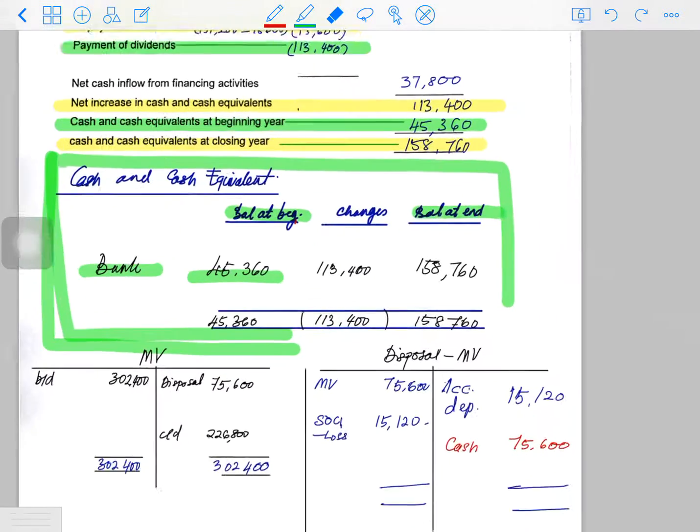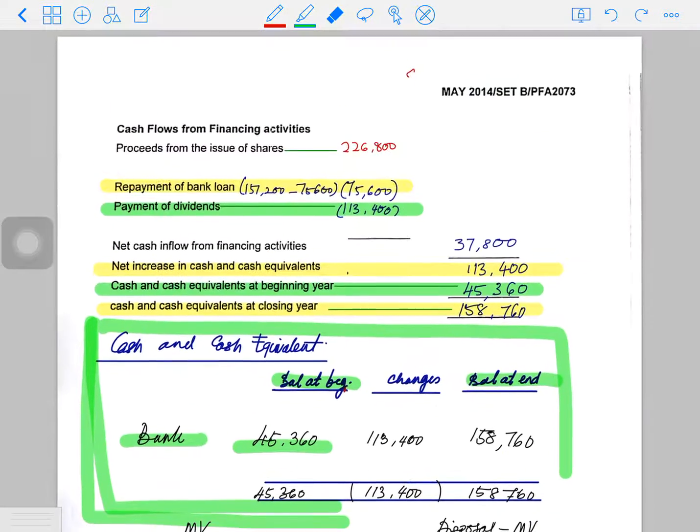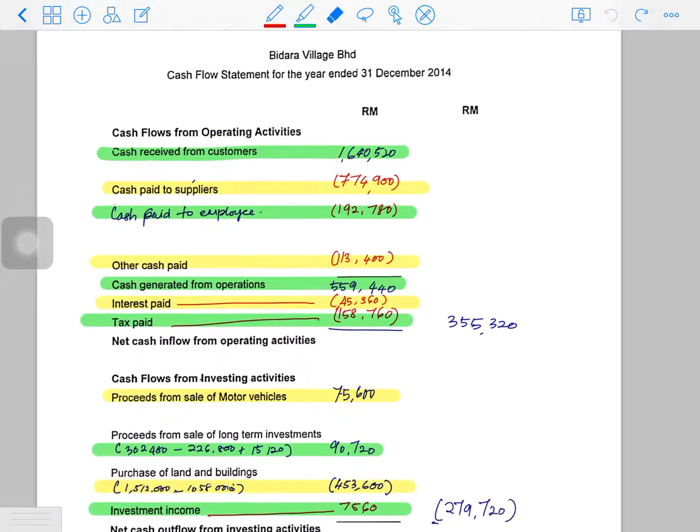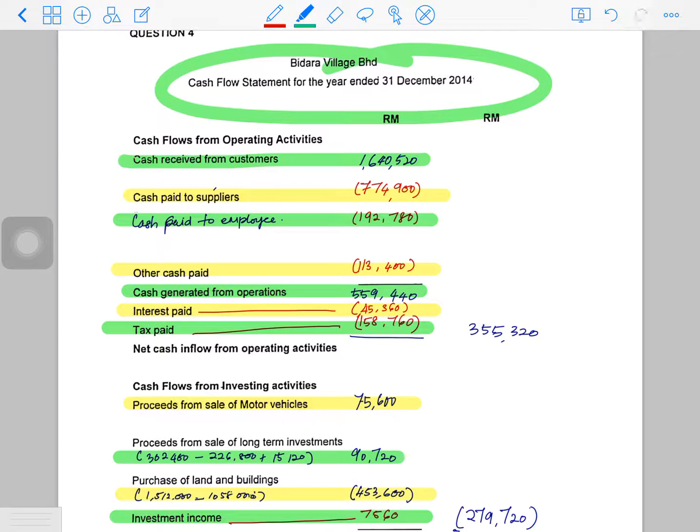Okay. So when we have done this, what you need to do is you can start doing your cash flow in terms of the pro forma.